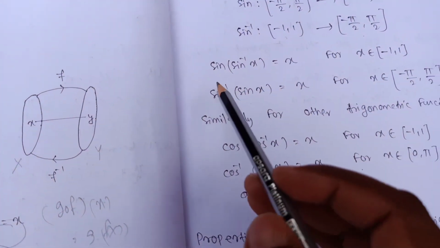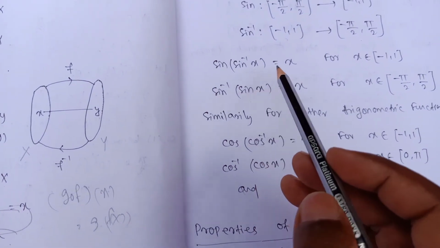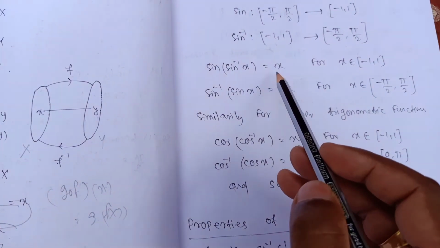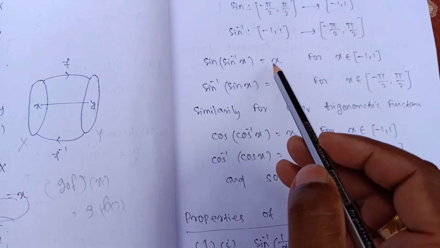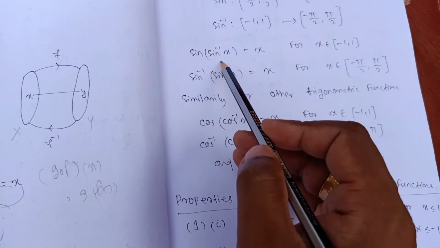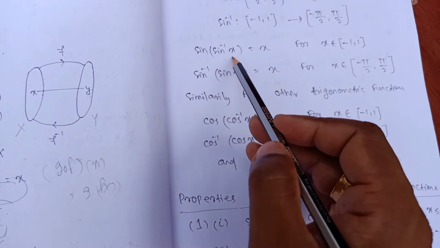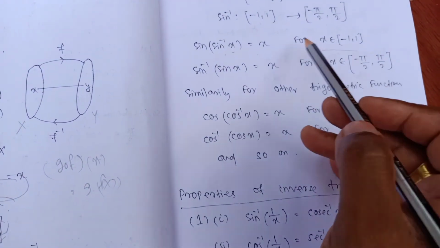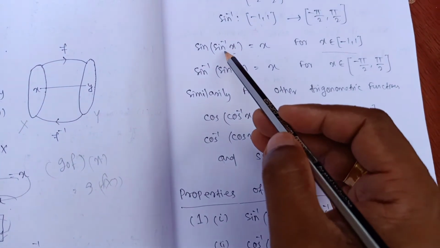Similarly, here we have sine composition sine inverse of x is equal to x. Remember, the sine and sine inverse cancel out only when that x belongs to the domain of sine inverse.